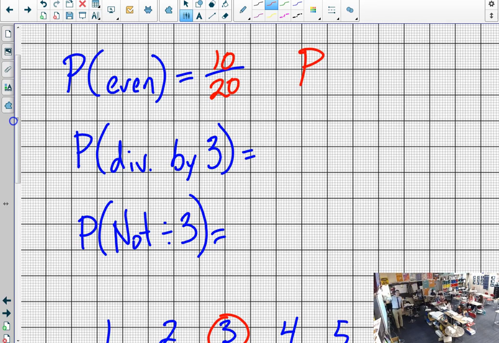So then when we look at the complement situation, the not, I'm just going to put a big E for even. How many of them are not even? Alan? 10 out of 20. Still 20, our total is still 20. So divisible by 3. Ella, what do you think here? It actually asks you for a number not divisible by 3. Do you know why I did divisible by 3 before I thought about the not?